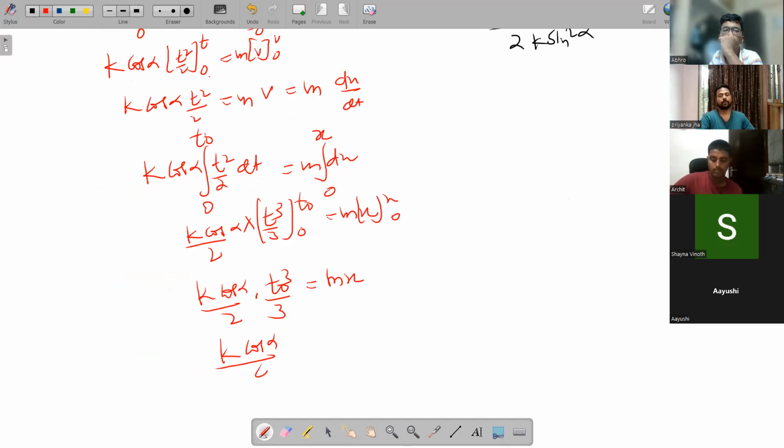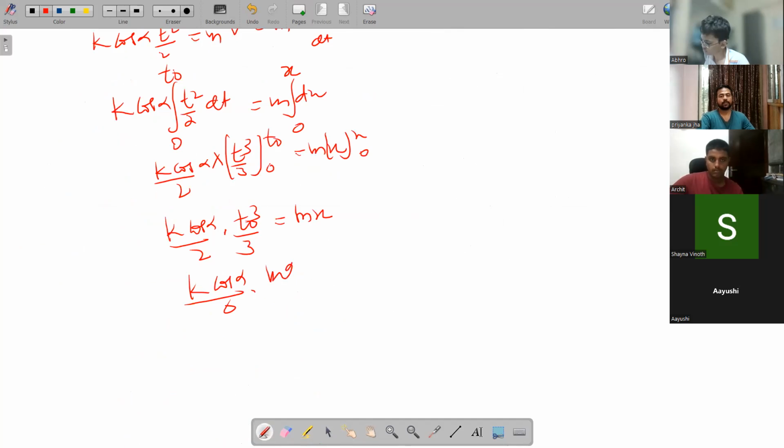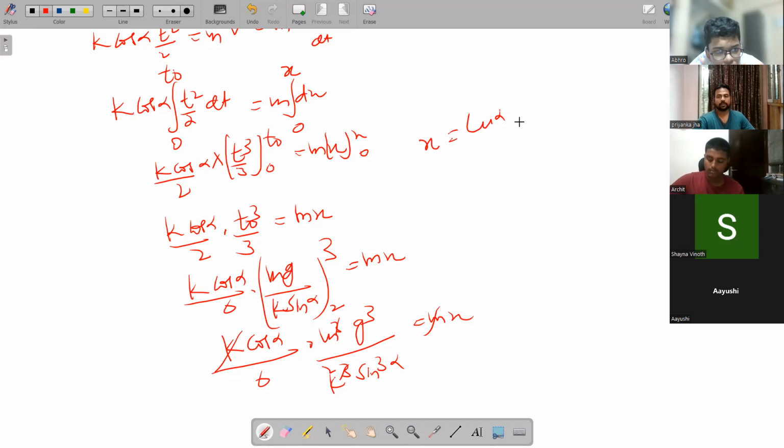So k cos alpha upon 6, and t naught is how much? mg by k sin alpha, whole cube, equals m into x. So k cos alpha upon 6 into m cube g cube upon k cube sin cube alpha equals m into x. One m will be gone. So the total distance would be cos alpha m square g cube upon 6 k square sin cube alpha.